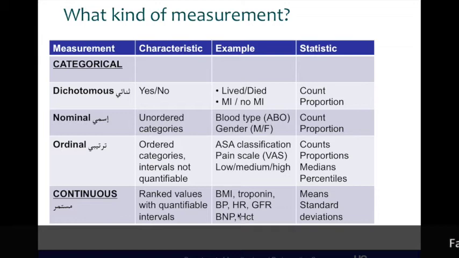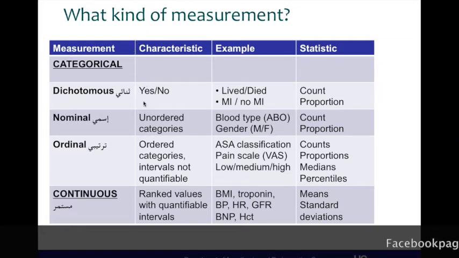So let's talk a little bit about what kind of measurements we'll be making and what the issues will be in each case. There are basically two kinds. There are categorical measurements and there are continuous measurements. Categorical measurements are ones where there are not ranked values with definable intervals between each value.